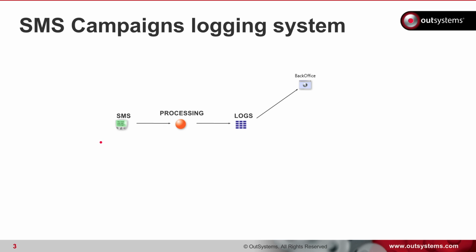It might adapt each one for each customer. Then there's some processing here. The SMSs are being sent over the GSM network. The evolution is being logged on a specific database. And then you have here the back office that reads data from this log database and shows you what was the result from this campaign.